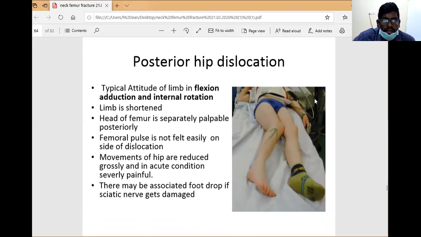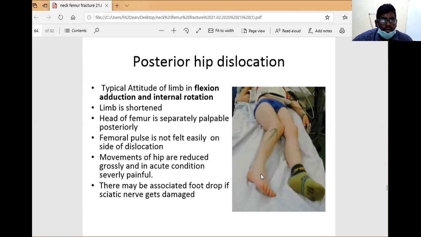Coming to the symptoms and signs, the attitude of the limb is flexion at the hip, adduction of the lower limb, and internal rotation. Here note the medial surface of the foot touches the crotch.